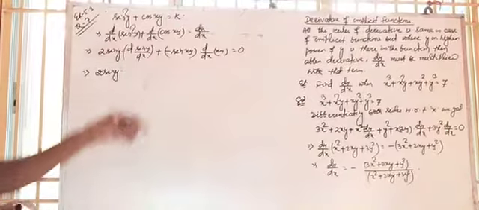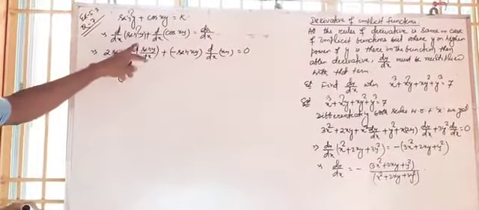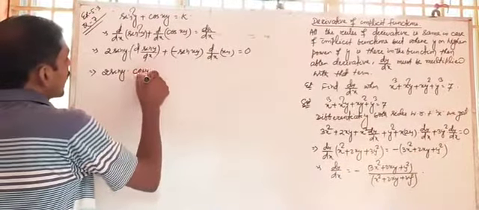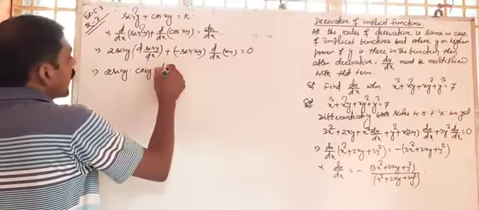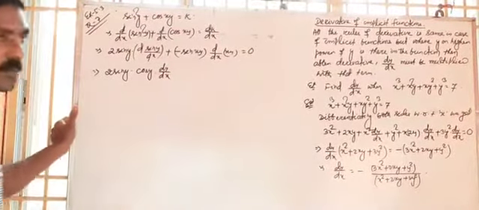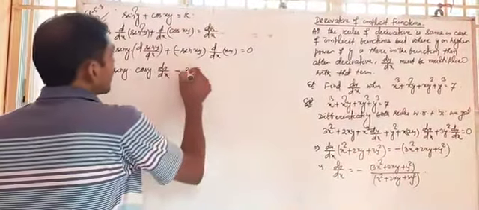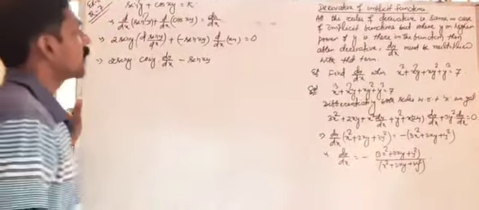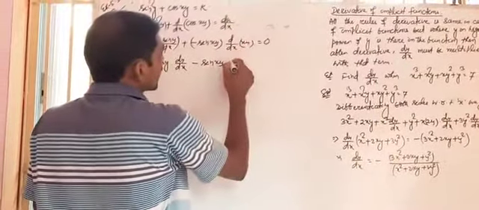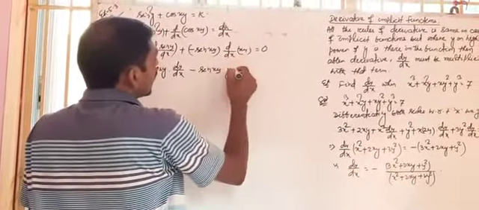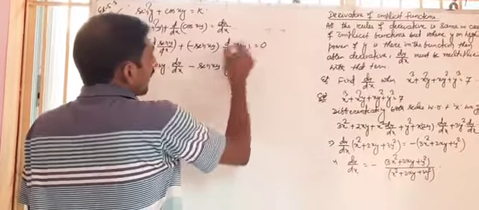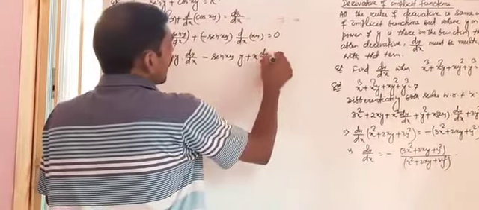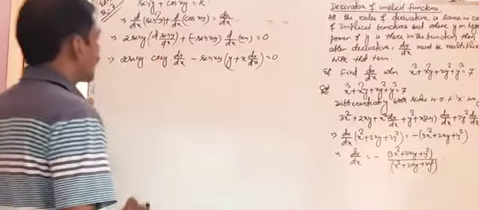Now the derivative of sin y is again not directly in the form of x, so the derivative of sin is cos, so you write cos y into dy by dx, since y is there. This is the process. Minus sin xy. Now here the product rule is used for the derivative of xy. First the derivative of x is 1 into y, that is y, plus x into the derivative of y, which is dy by dx, equal to 0.